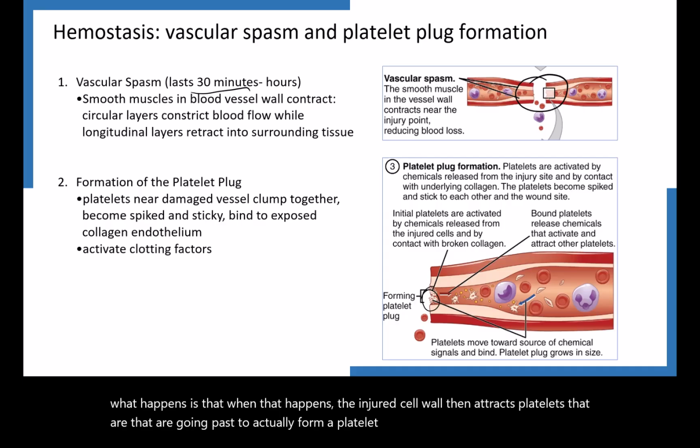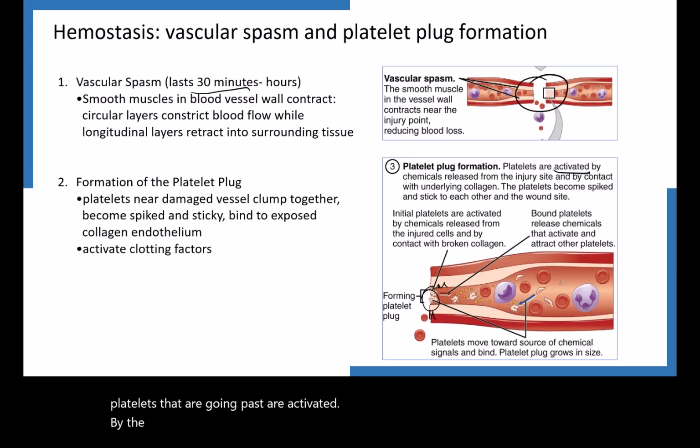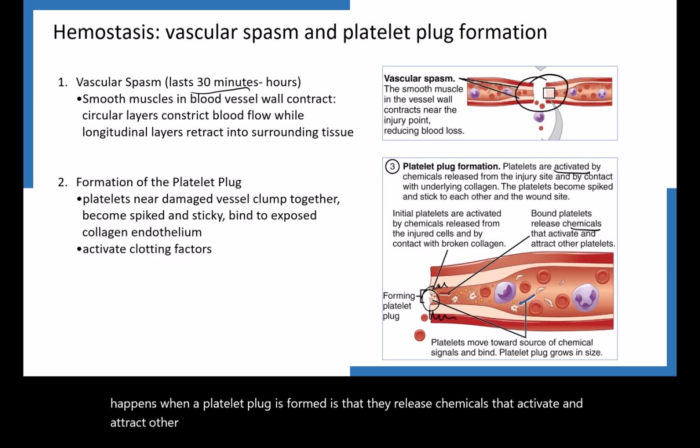The platelets are activated by the chemicals released by the injured cells, and they become sticky and form a clump or a plug. They also release chemicals that activate and attract other platelets coming past, and those chemicals also activate clotting factors.